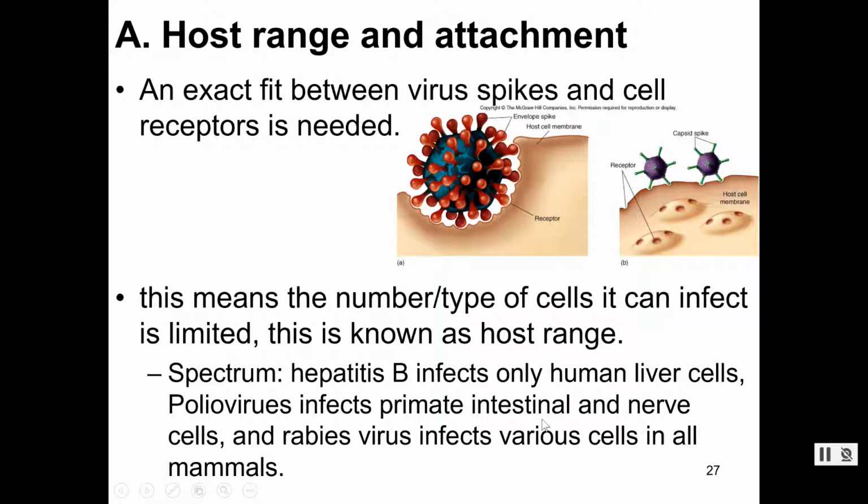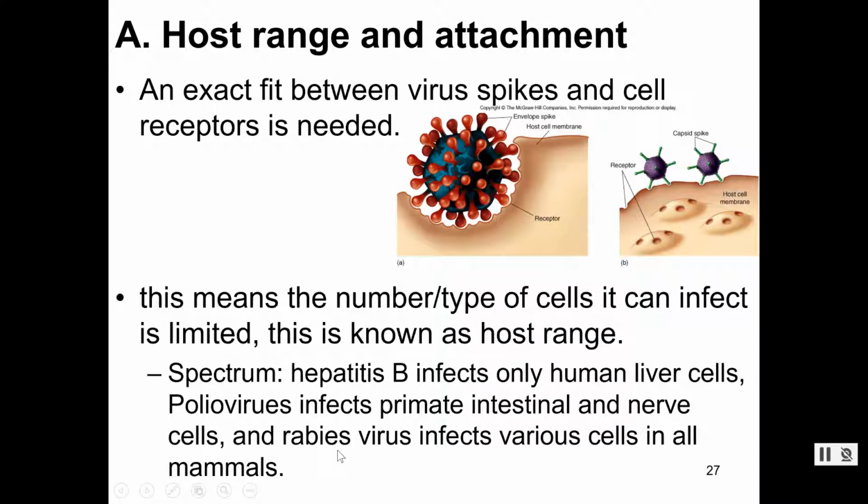In polio, they can infect intestinal cells and nerve cells, so you get different types of damage. And not only can polio affect human nerve cells and intestinal cells, it infects primates. So some of our close relatives, the primates, can also come down with polio.